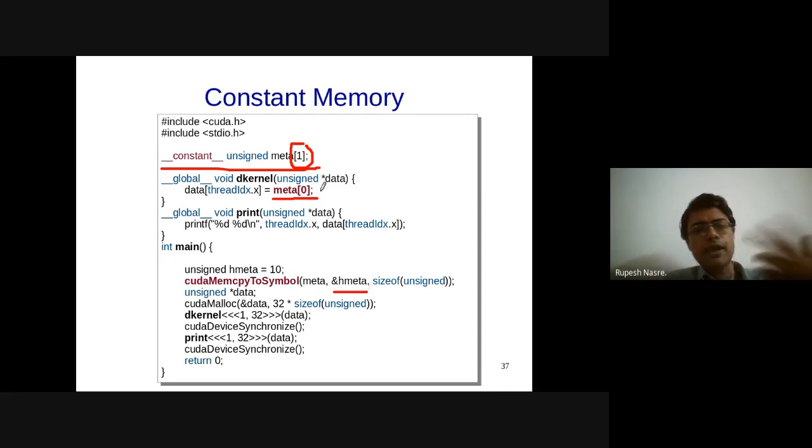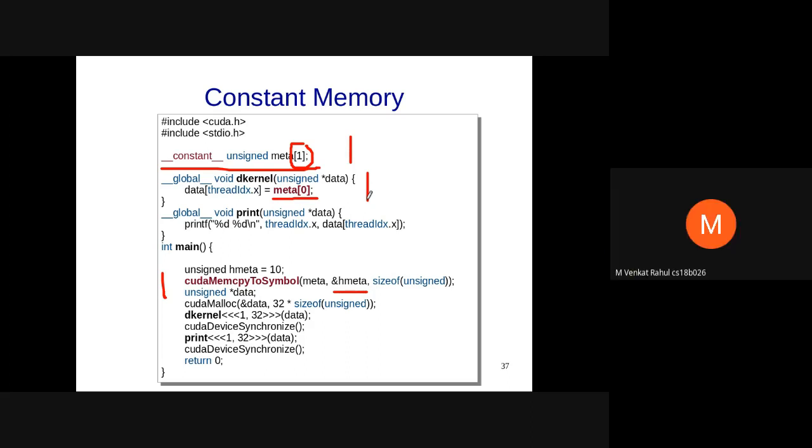I named it meta because if I have a small amount of metadata that I don't want to update, it's constant data, so I can push it to constant memory and make use of it in my codes. The rest of the kernel code remains the same. You just define it here globally, then do a CUDA memcpy to symbol, and then start accessing it on the GPU. Any of the kernels will have access to it, even inside the print and so on.